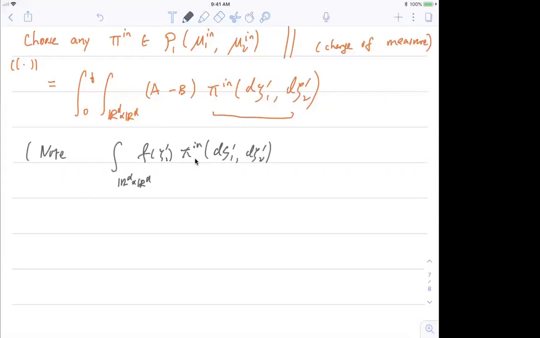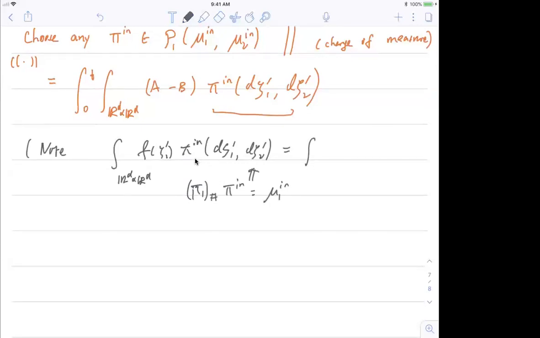Since the push forward, we took the projection map. The push forward pi 1 of pi initial, where pi 1 is a projection, is just mu 1 initial. So by the change of measure formula, what we get here is just this. So what we use is just this equation twice.